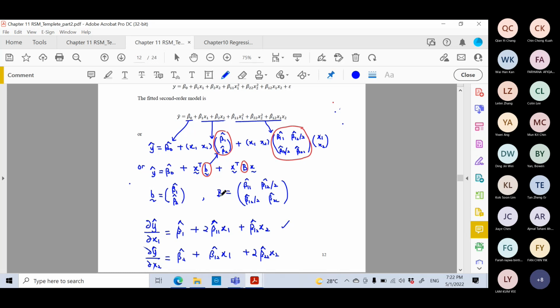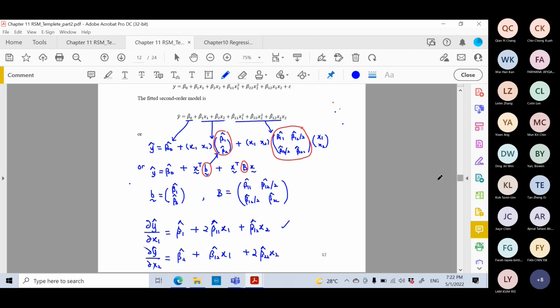The capital B here has the coefficients of the quadratic terms on the diagonal. The off diagonal will be the interaction terms. Maybe your interaction term is possibly 0, but you use the interaction divided by 2 here, and the interaction of beta 12 hat divided by 2. So this one is your capital B.